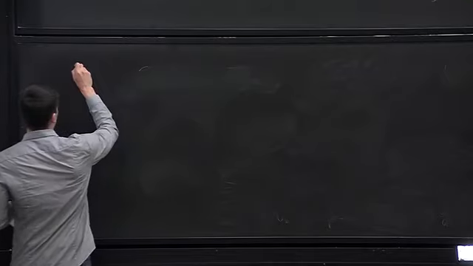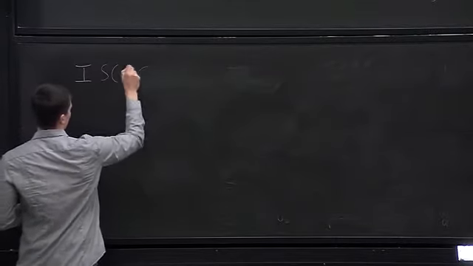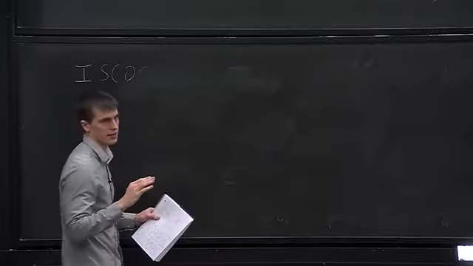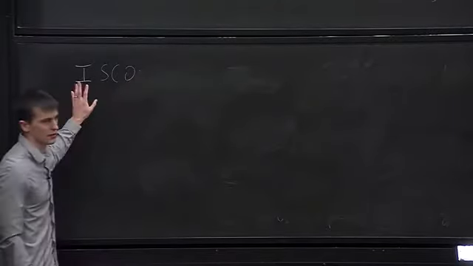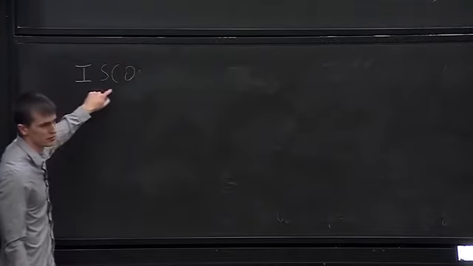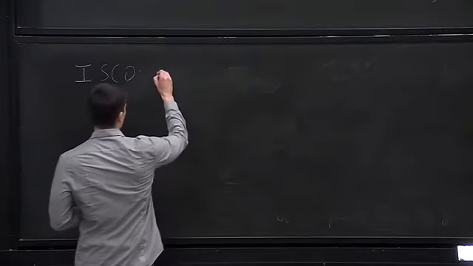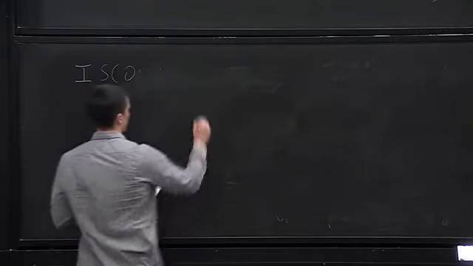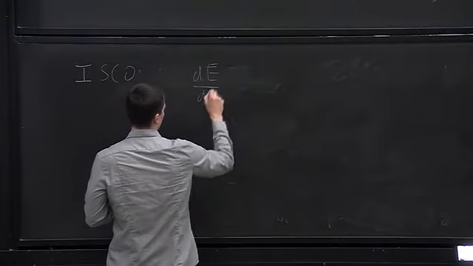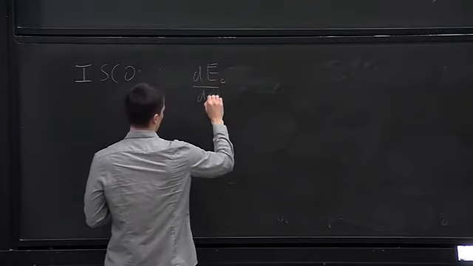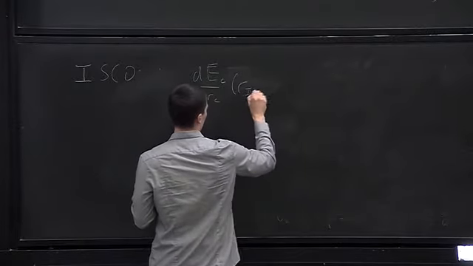What we're looking for has this funny sounding acronym called the ISCO. We want the innermost stable circular orbit. And as we just noted, we can determine the value of the ISCO by solving for where the derivative of the energy of circular orbits with respect to radius goes to 0.